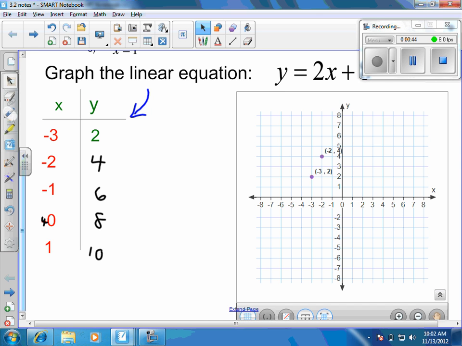And then the next one, -1, +6 gives me a point right there. And then 0, +8 gives me a point right there. And 1, 10 isn't actually on this graph, but it would be about right here. In other words, the axis doesn't go up that high, but that's where it would be.